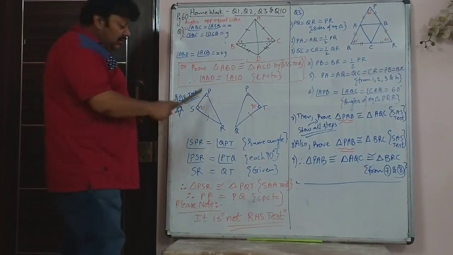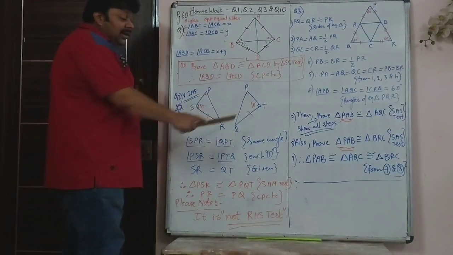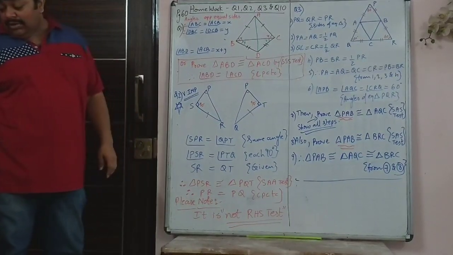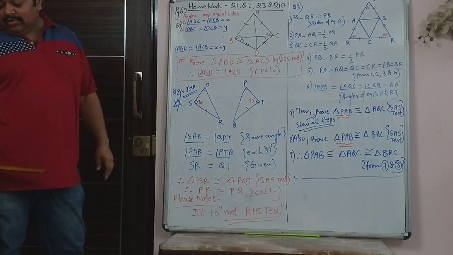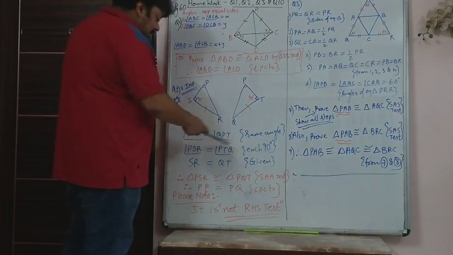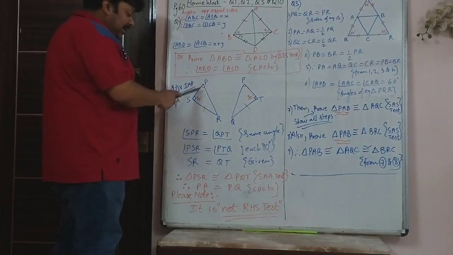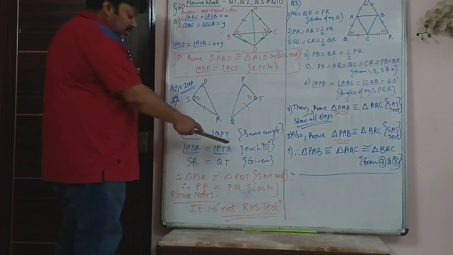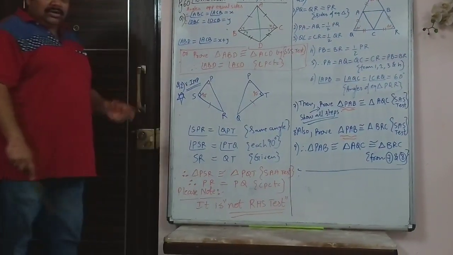You will find once you draw it that angle SPR and QPT is one and the same angle. There is only one angle at P, so it is the common angle. Then PSR is 90 and PTQ is 90, each are 90, and SR is equal to QT, that is given.